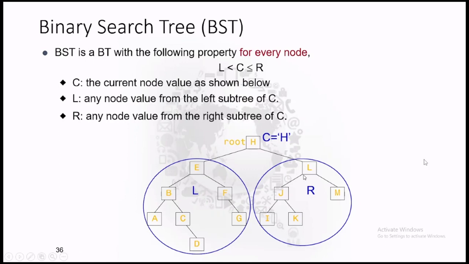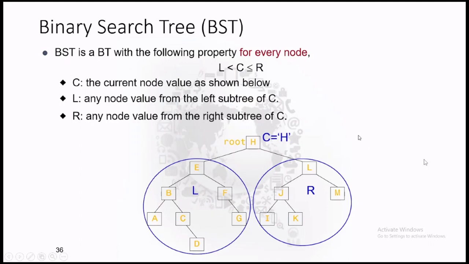Let's say if we go to the subtree of L, L would be the current node, and J would be the left side and M would be the right side. So if you're trying to search through the tree, you can decide what is the pattern for the searching that you want. But of course, you have to know how you arrange your data in a tree form.